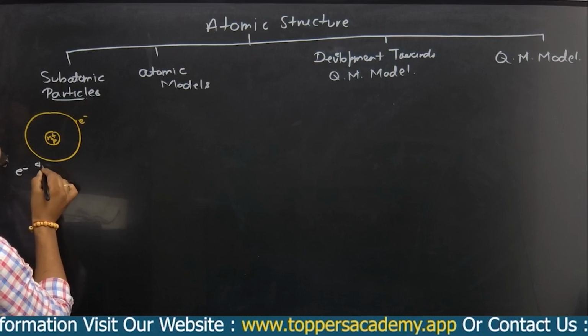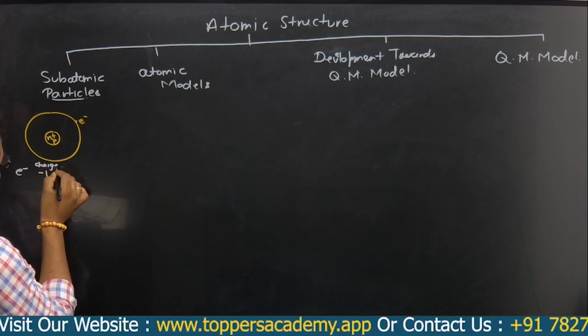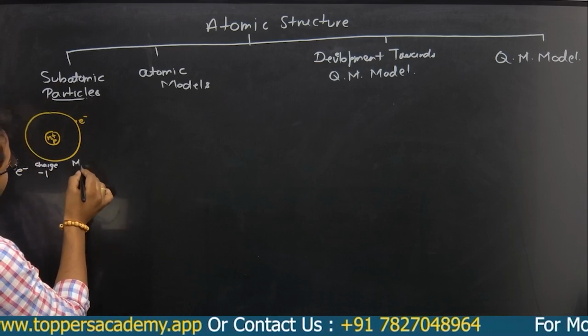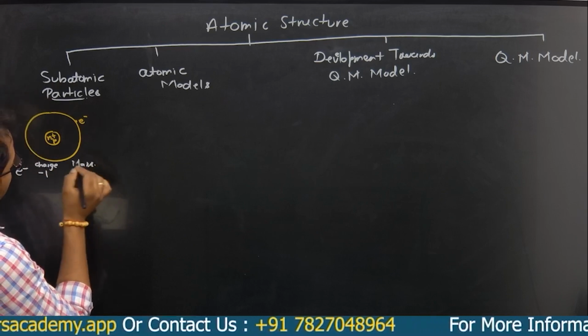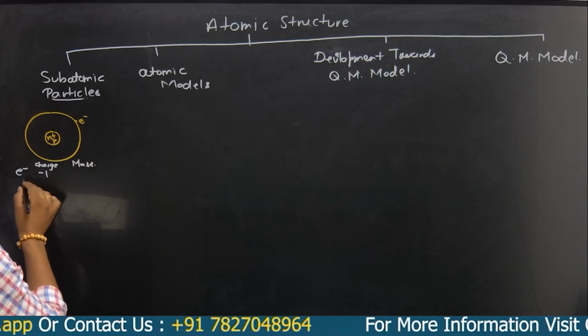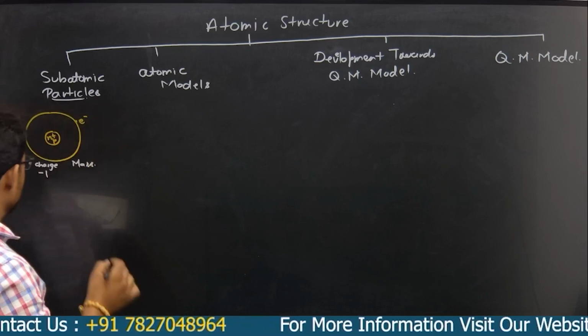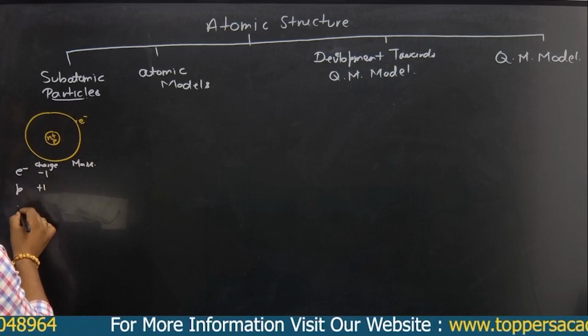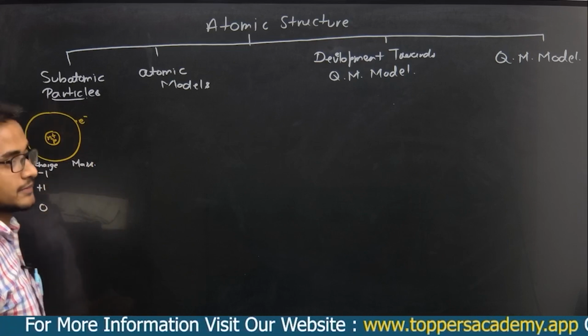I am going to write here charge, and here I am going to write about mass. Electron has -1 charge, proton +1 charge, neutron is neutral.